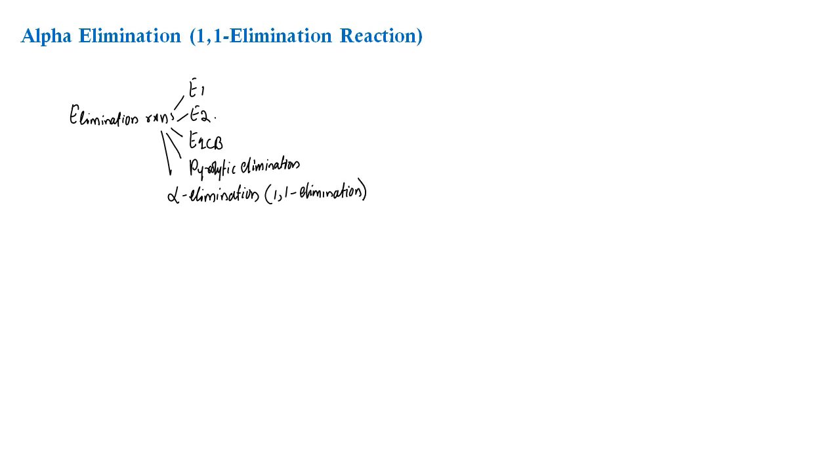Usually we talked about unimolecular elimination and bimolecular elimination reactions. Both are examples of beta elimination, or we call them 1-2 elimination reactions.